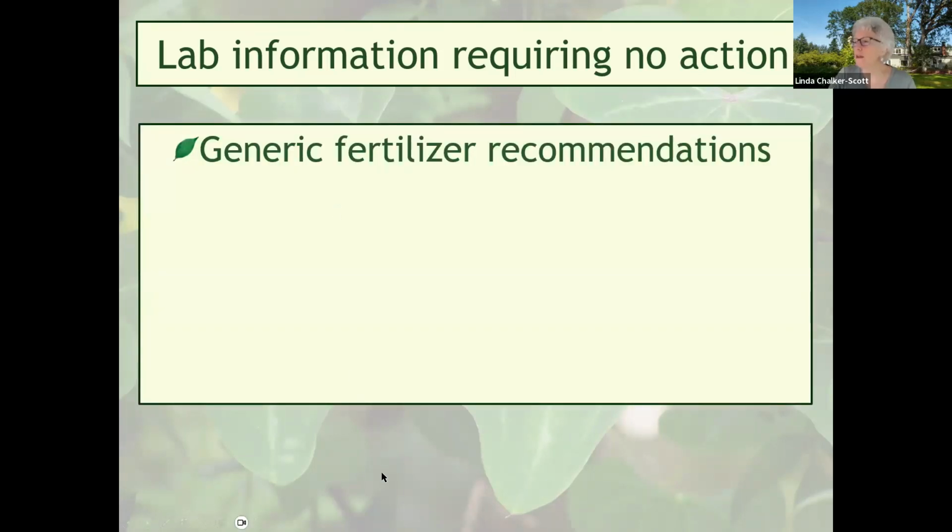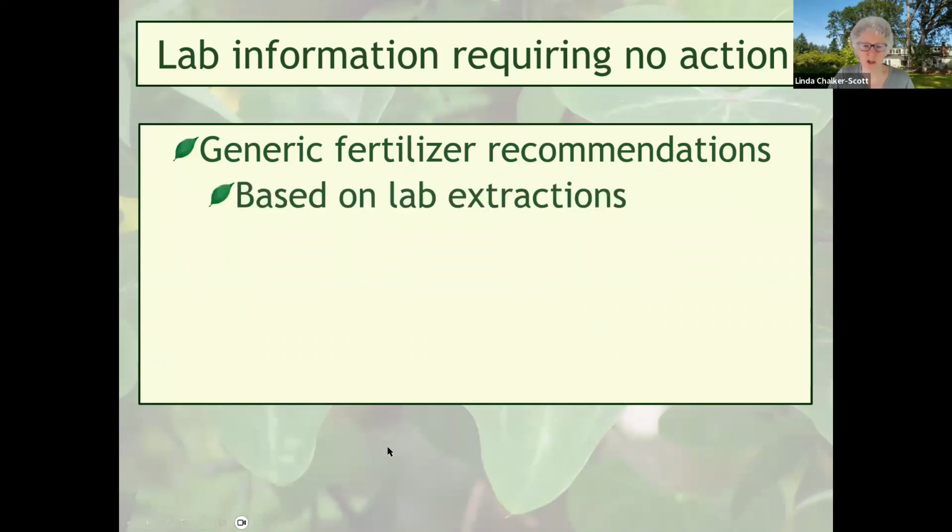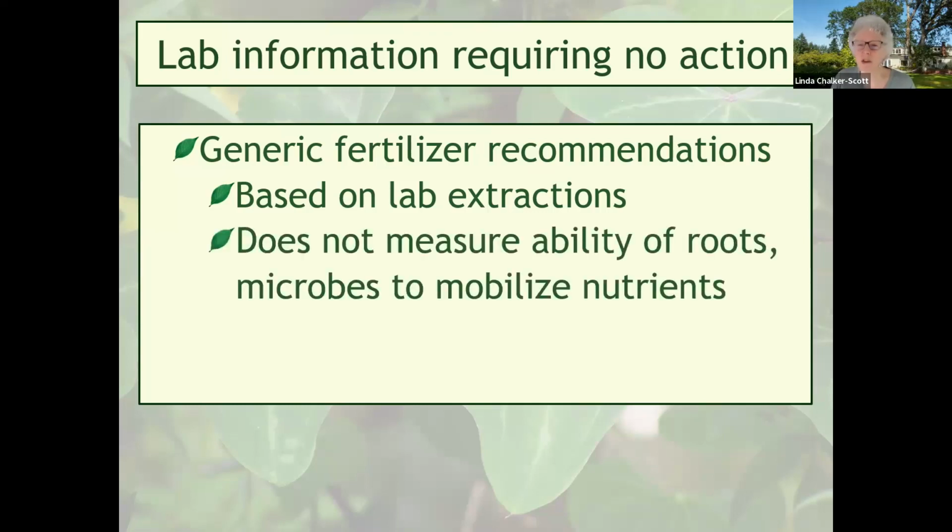And keep in mind that this is all very well-meaning, but these things are based on lab extractions. And it's a conservative measurement. So they take the soil, they extract it with various types of reagents, and then they measure amounts of various things. It's not what happens in nature, okay? It does not take into account the ability of roots to acidify an environment.